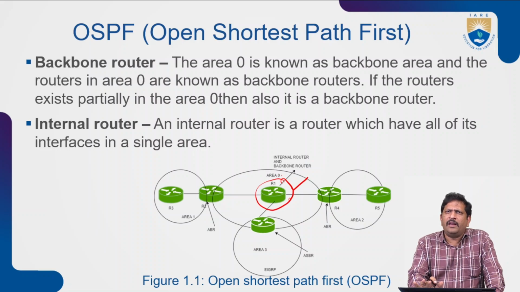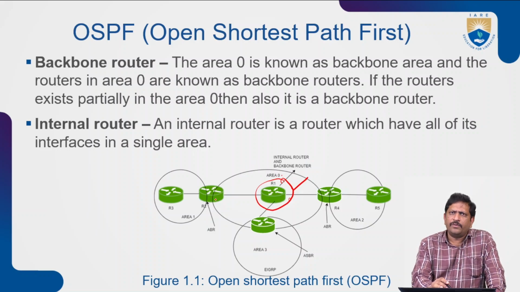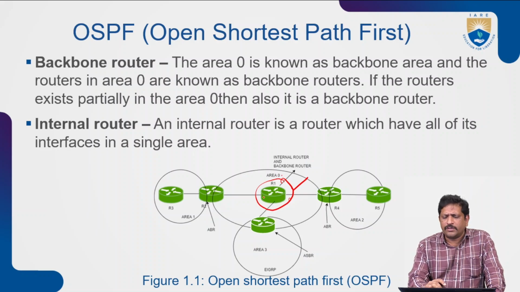Internal router means an internal router is a router which has all of its interfaces in a single area. That means in this single area 0, whatever devices are connected to this router, it provides the interfaces to all of those devices.